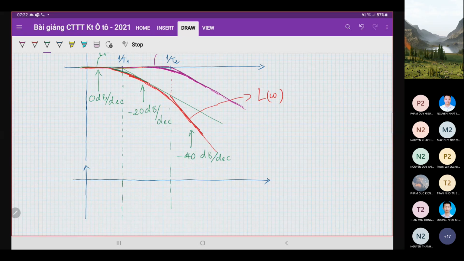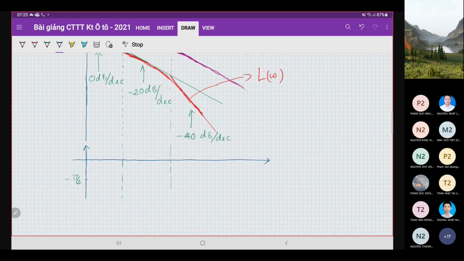Right, and the first one, you see here, suppose we have here minus pi over 2, and then here we will have minus pi, right?